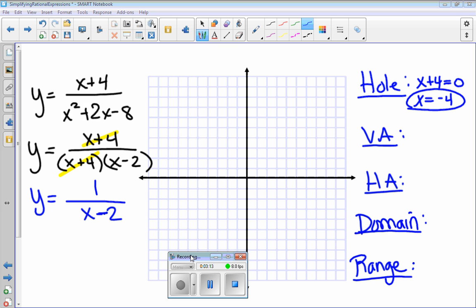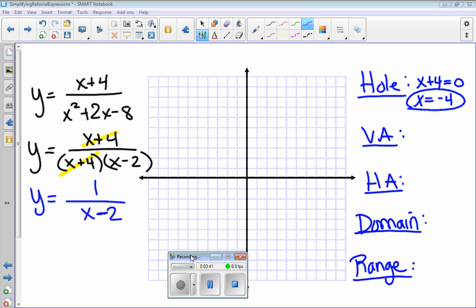Okay. Now, the second step, we factored, we checked for holes. What's the third step, Matthew, in the process? Third step is vertical. Okay, vertical. So we're just kind of going through our steps. How do I check for vertical asymptotes, Joseph? What do I do? How do I take my simplified function and find the vertical asymptote?